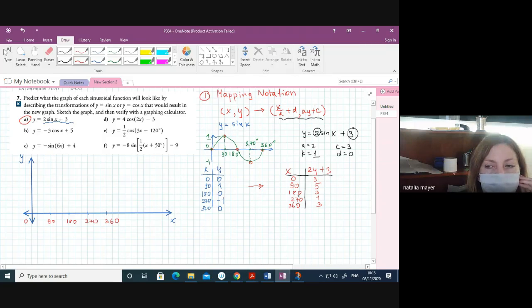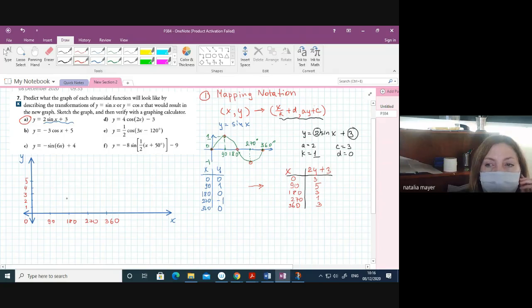Now I also know that on the y-axis I have the values until 5, and the minimum is 1. So 1, 2, 3, 4, and 5.